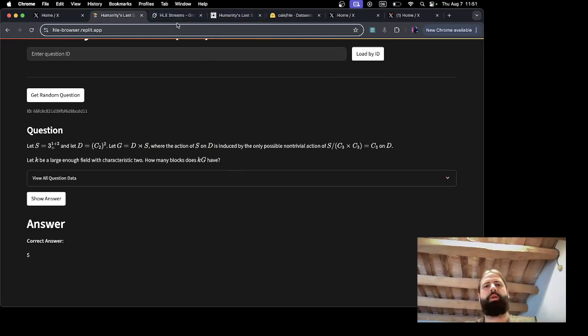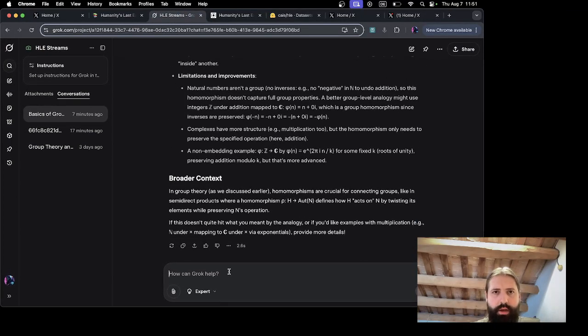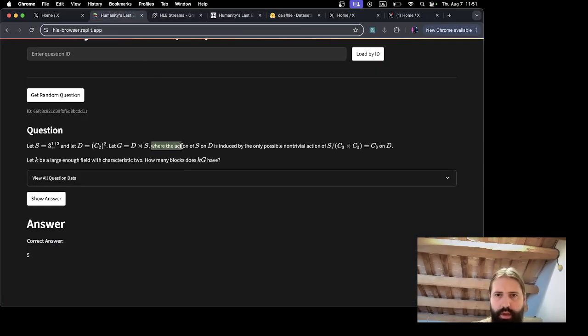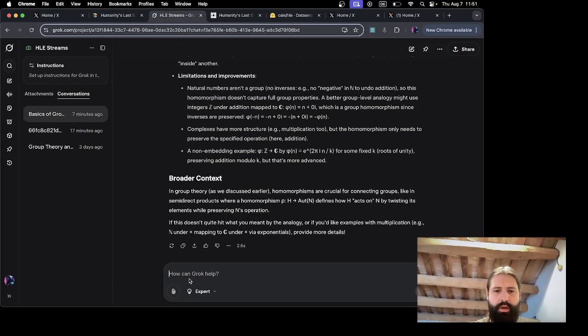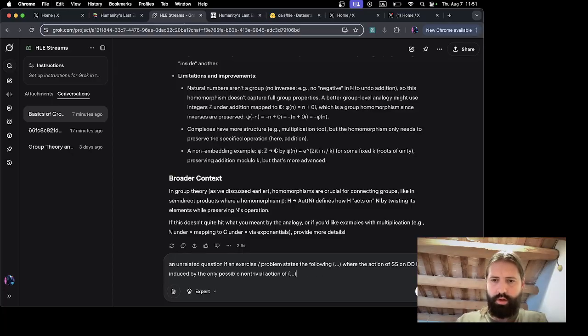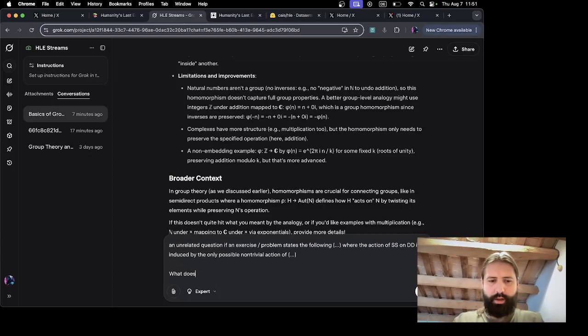Is it just English, or if I say an unrelated question, if an exercise, the problem states the following, what does induce in this context mean?